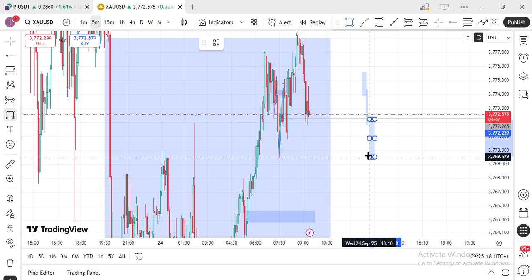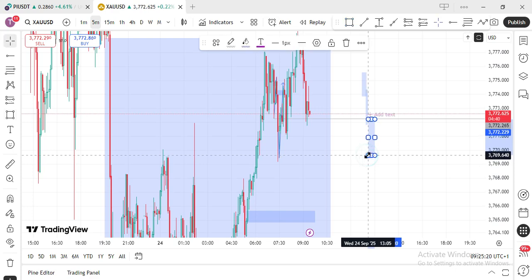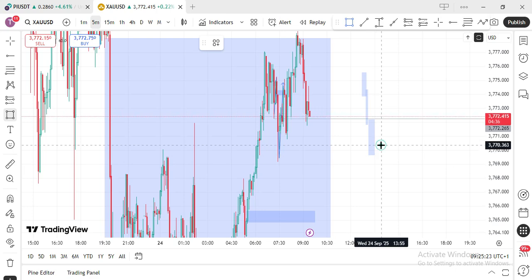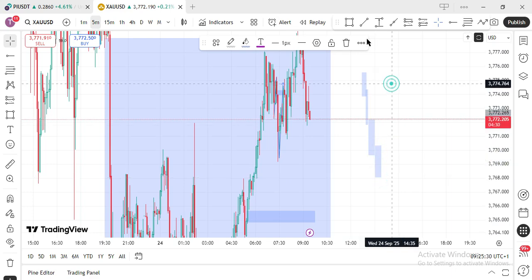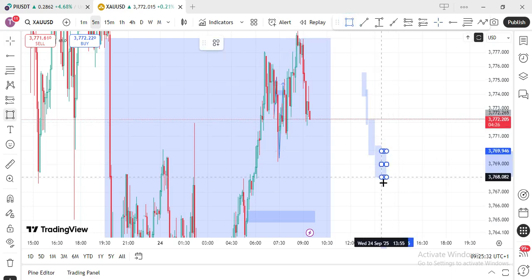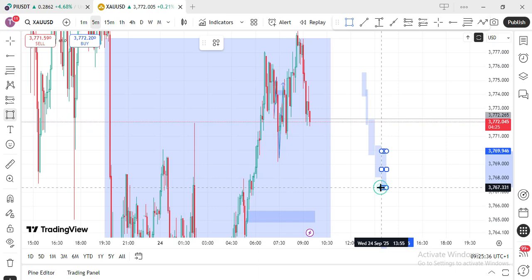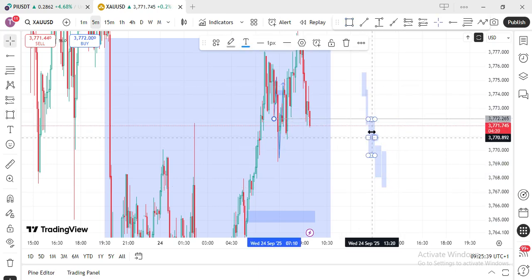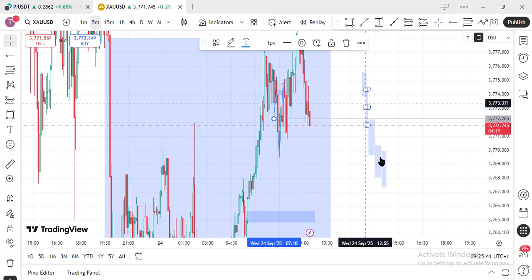So when it's forming, the point where the fair value gap setup finishes is the point where a lower candle touches a higher candle. So at any point when a candle forms this way, the fair value gap has finished. Now look at this. You notice that this candle is not touching this candle, and this candle here is not touching this candle. So there are 2 fair value gaps inside here.